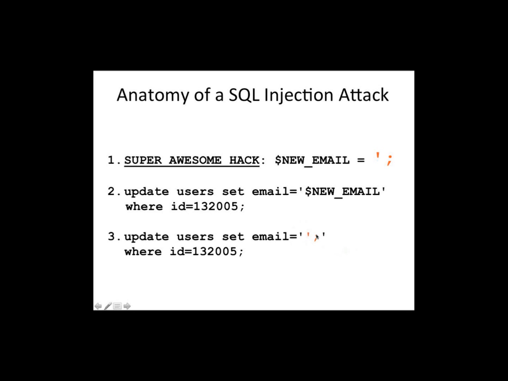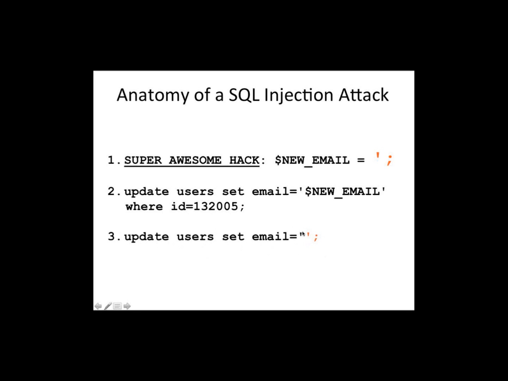This is an attack. And that's the final database query. But the problem is semicolon, that's how you end a SQL statement. And the single quote, that ends the email address. So what's the final input that reaches the database? And that's this. Update users, set email to be blank. And suddenly, every single email address in your database is now empty.